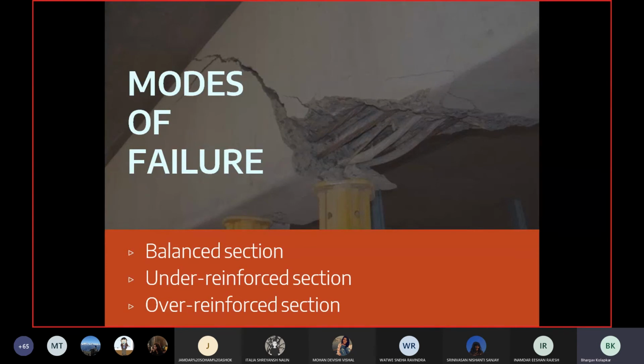As you load it further, the strains are going to increase, meaning the stresses are going to increase. Initially it was only one small hairline crack. Now the extent of that crack would increase and the number of cracks would also increase as you load it further.